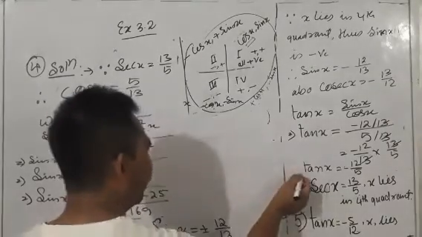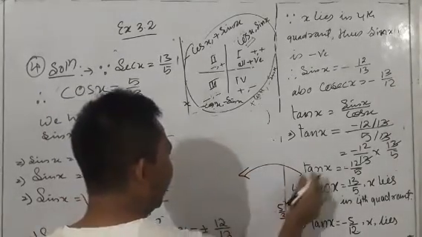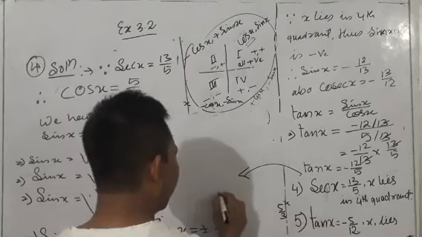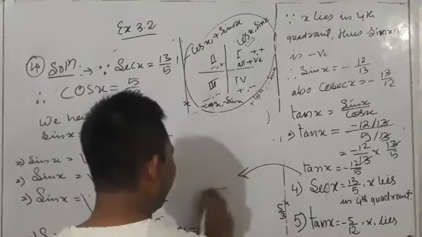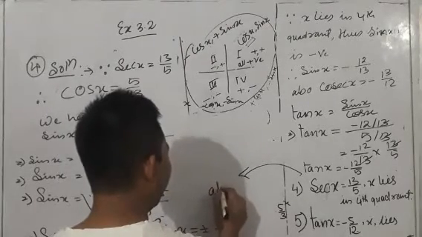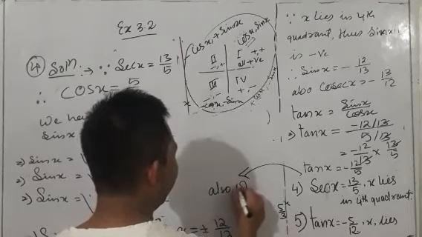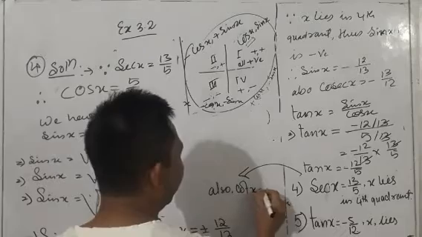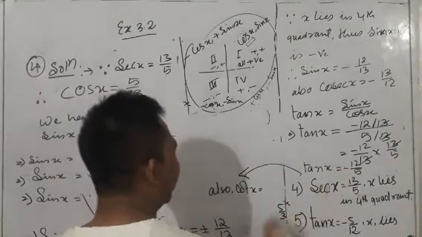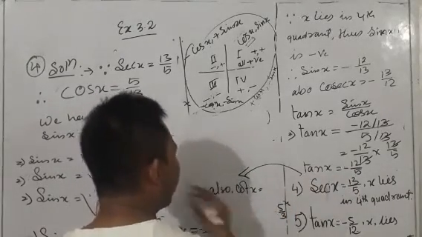Then I am writing here the remaining part. If we know tan x, then we know cot x. Cot x equal to what? Just the reciprocal of tan x.